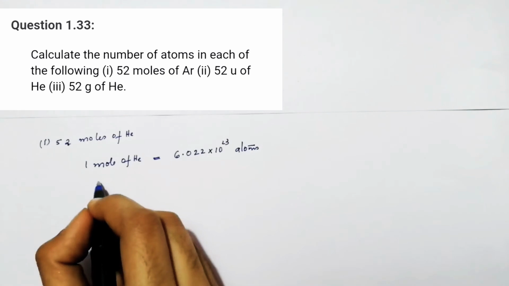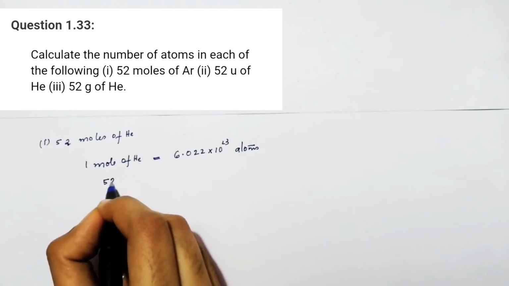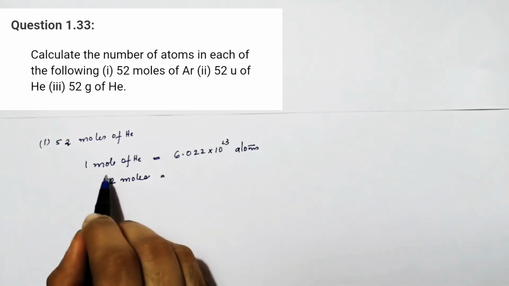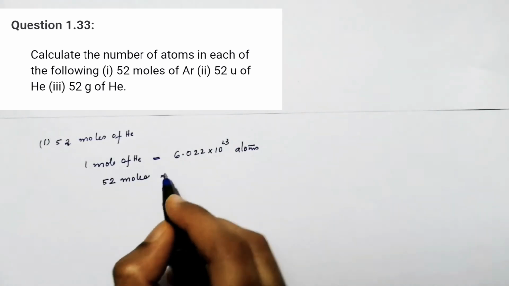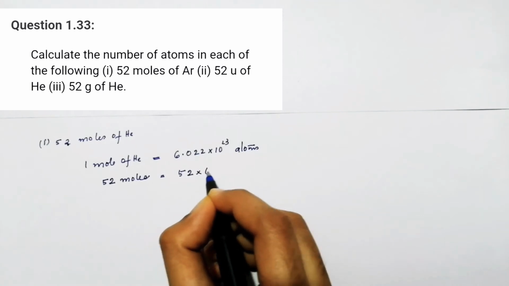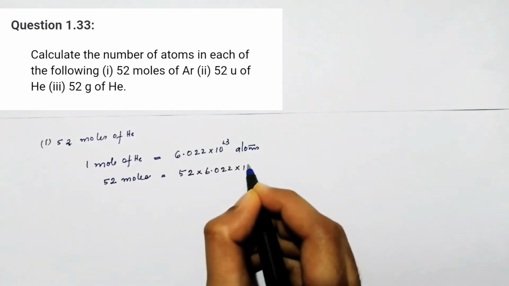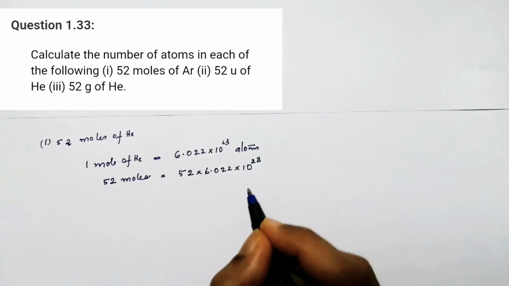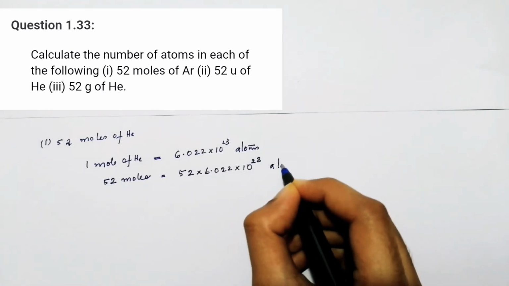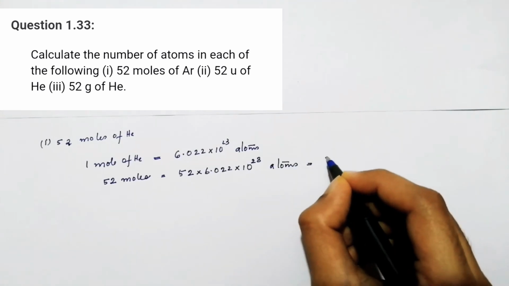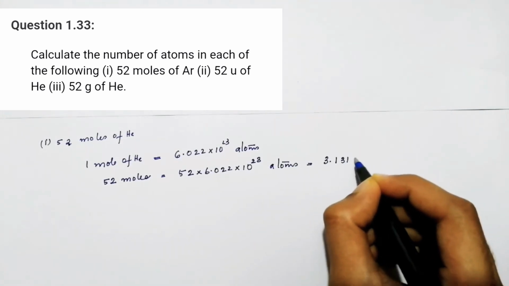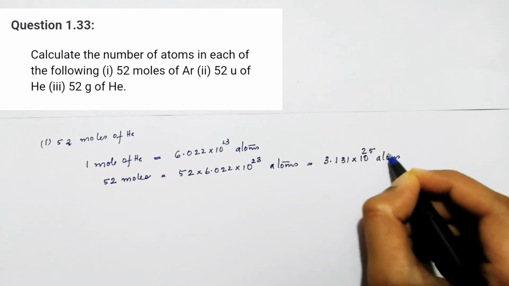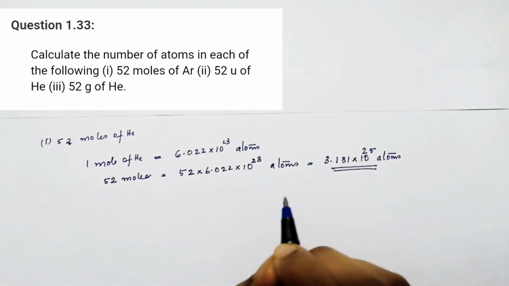Now we are asked to calculate how many atoms are present in 52 moles. This is a very easy question. All we have to do is, if we know for 1 mole of helium, now for 52 moles, we have to simply do the multiplication. So we get 52 into 6.022 into 10 power 23 atoms, which is equal to 3.131 into 10 power 25 atoms. So this is the answer for the first question.